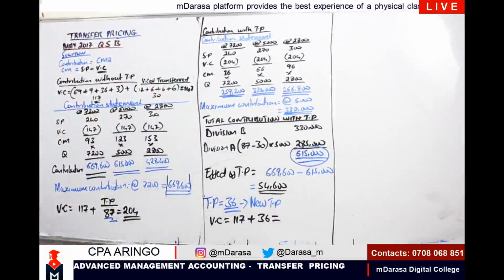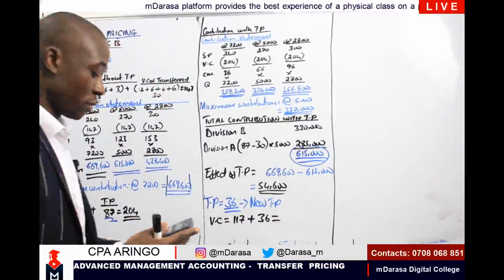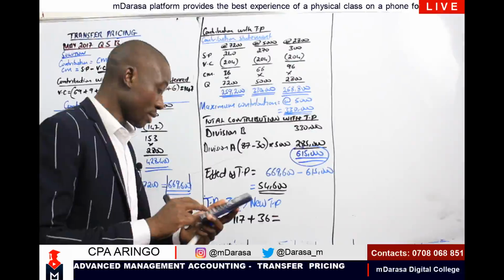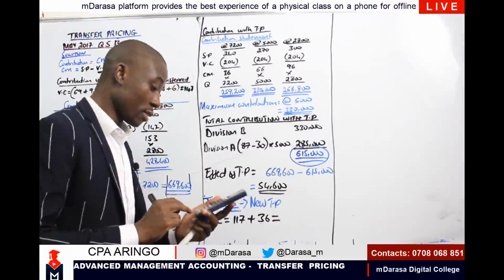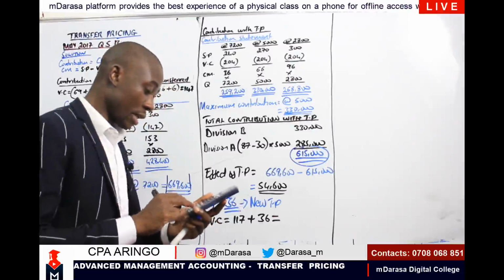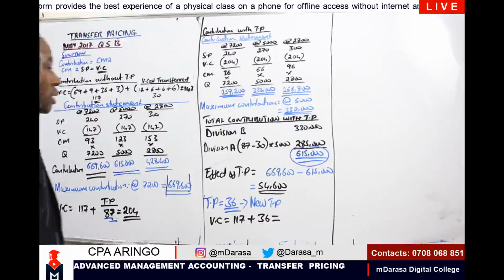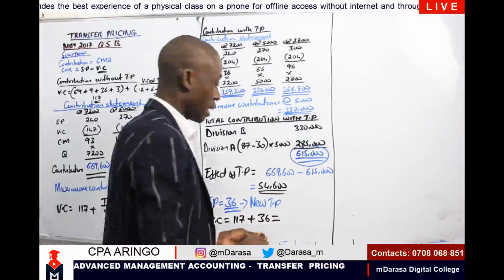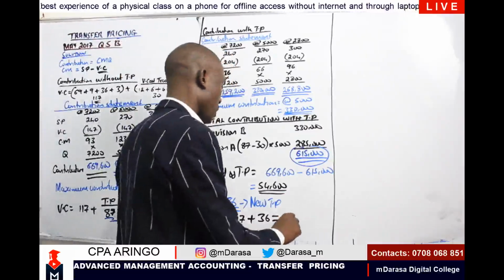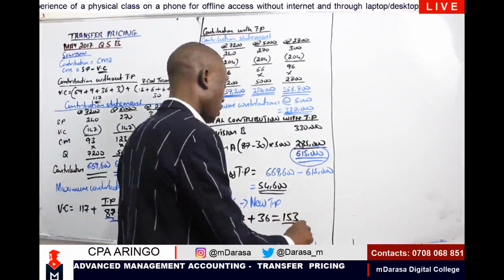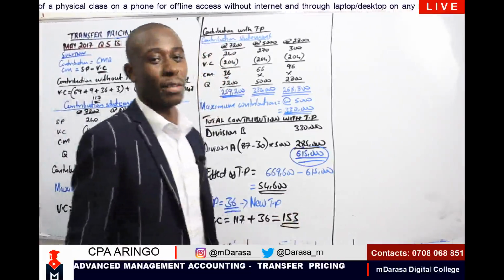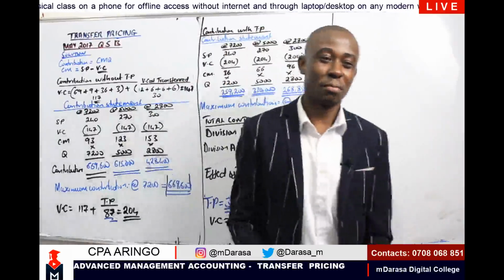So my variable cost is 117 plus 36, which gives us 153. My new variable cost at this transfer price is 153.